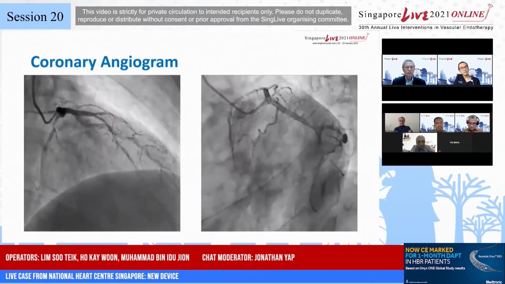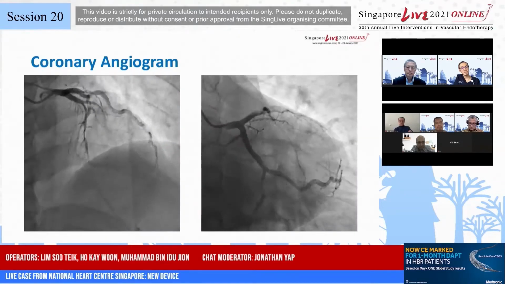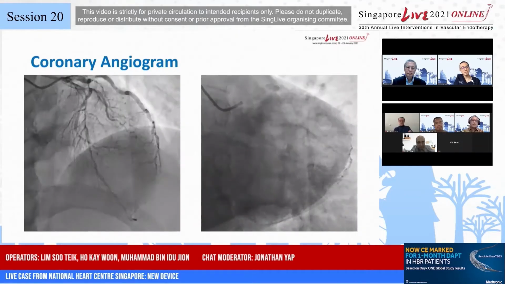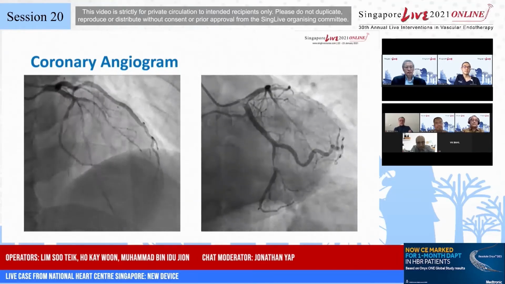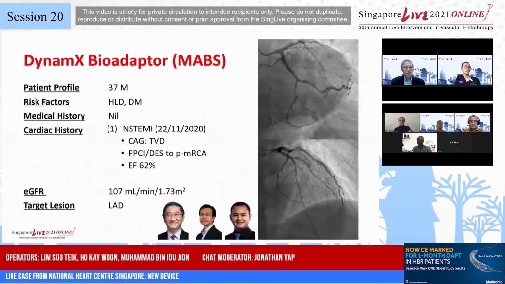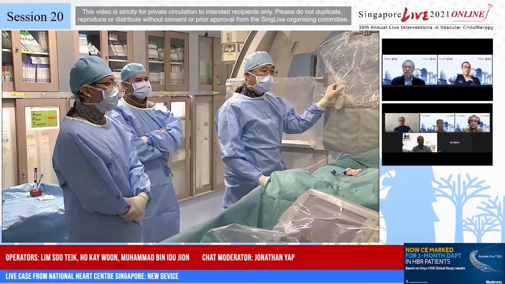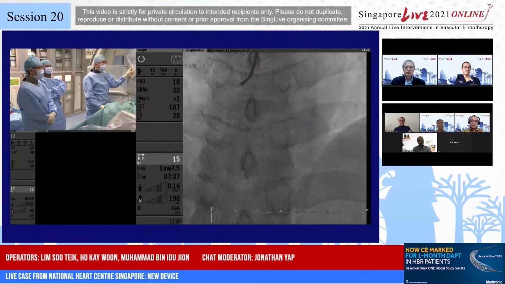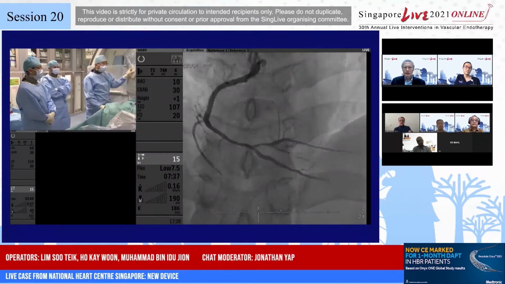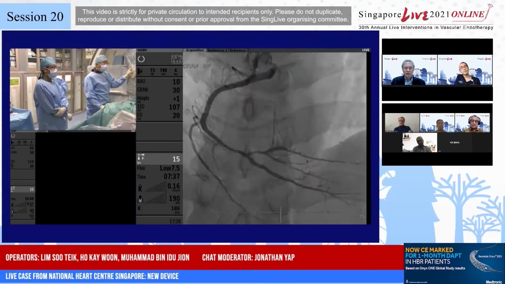And after the OM1, there is also another 80% narrowing in a relatively small branch. So the target lesion for this session is the LAD. Perhaps we can show the angio today, and then we'd like to consult our colleagues on what is best to do.